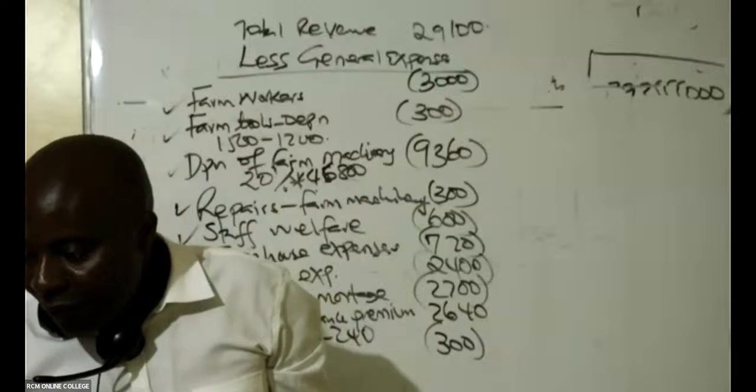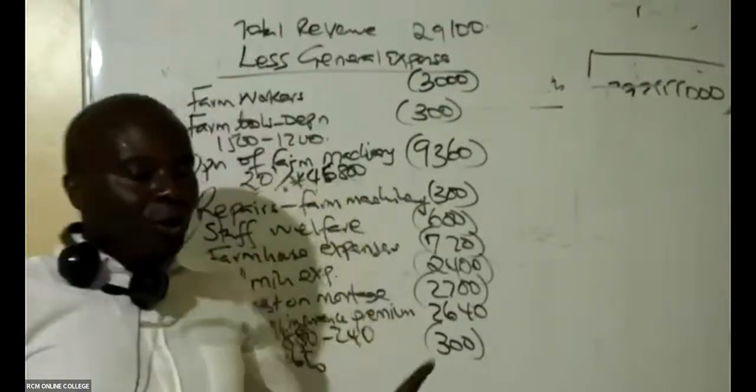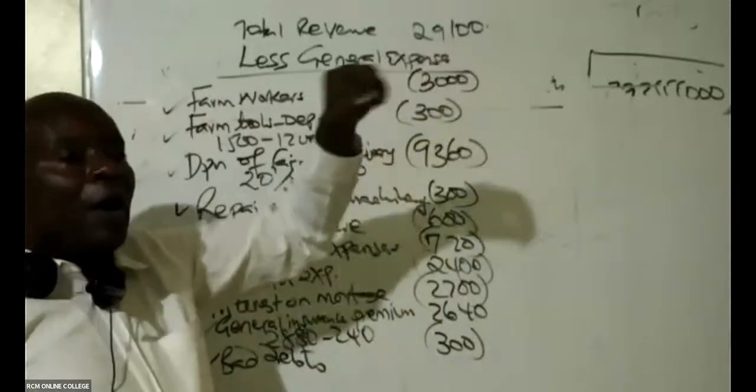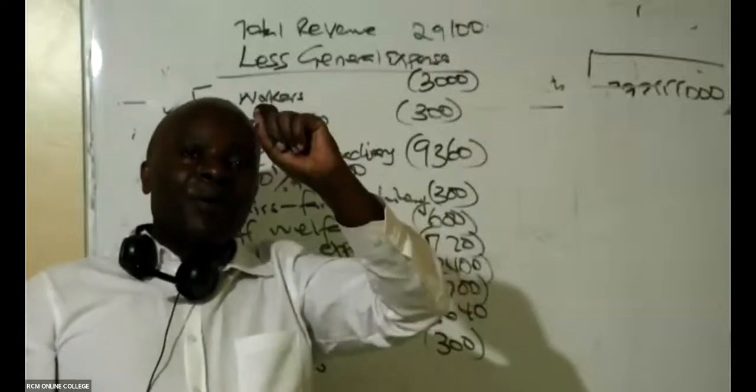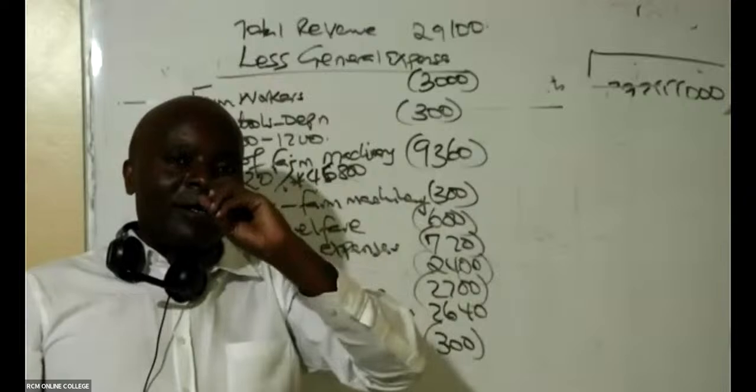So how did we arrive at 29,100 as total revenue? Sorry for not showing you this very well. This 29,100 is a sum of our profits. If you remember, we had profit from crops and profit from livestock.